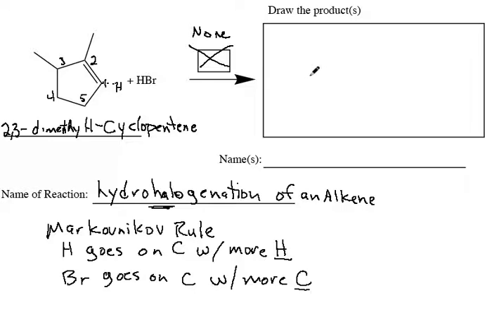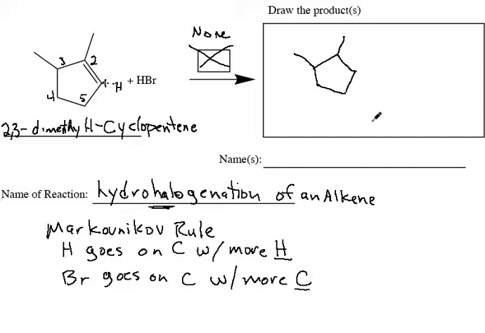We can lose double bonds, but we do not change any carbon-carbon bonds. So I'm going to draw my, now it's cyclopentane because the double bond will be gone. Okay, and I have a branch, and I have a branch, and I'm going to go ahead and add my hydrogen from the HBr right here on this carbon that had more hydrogen.